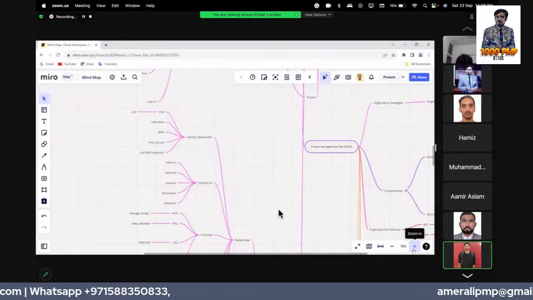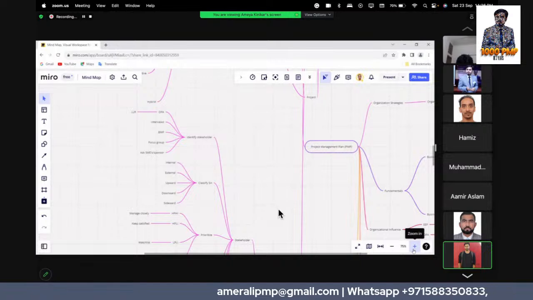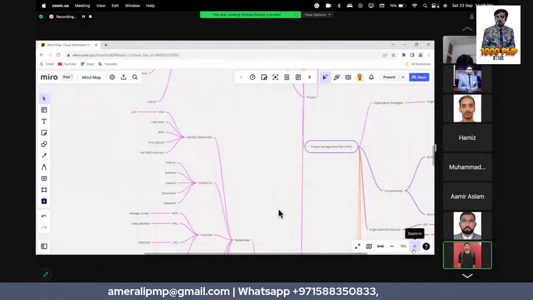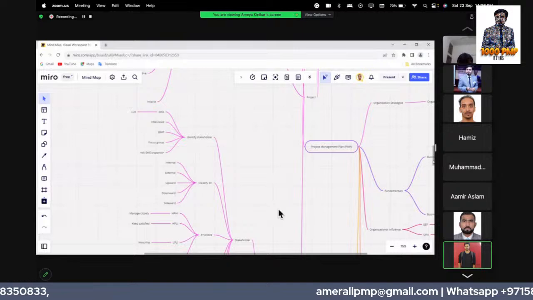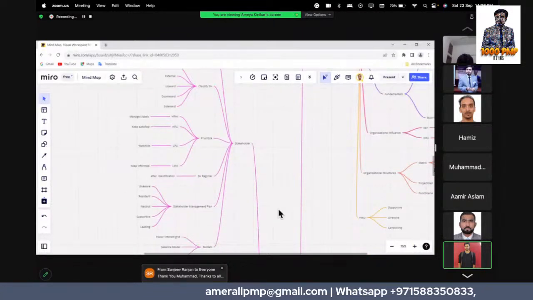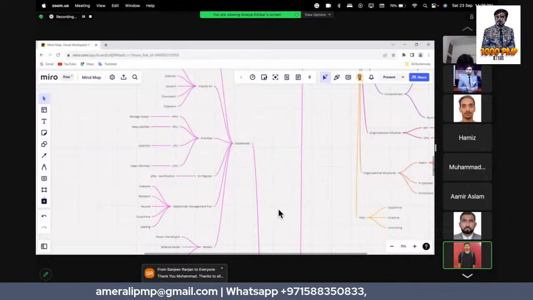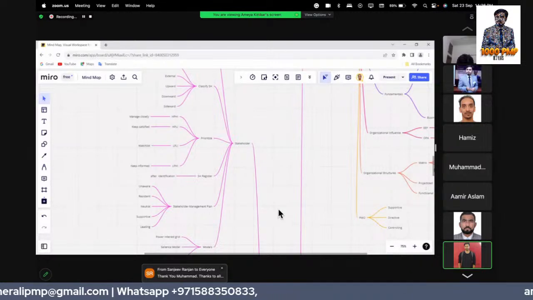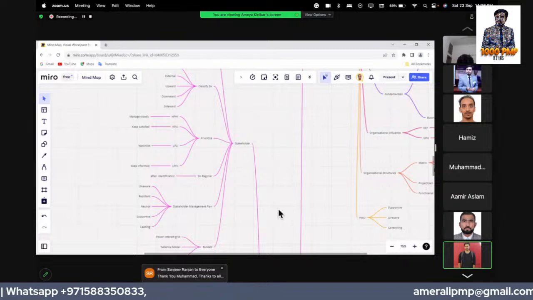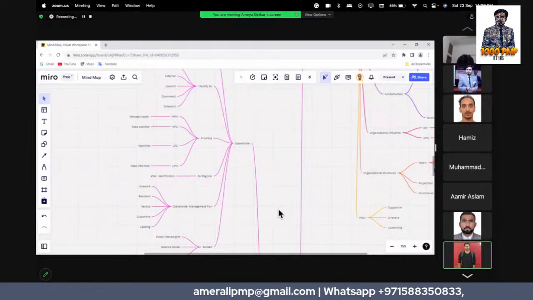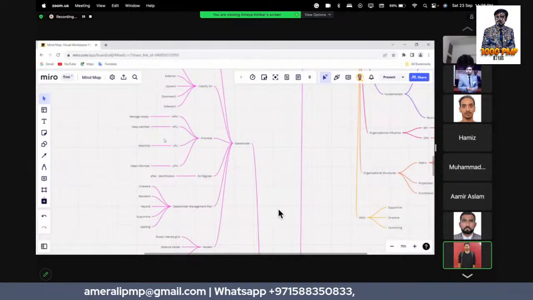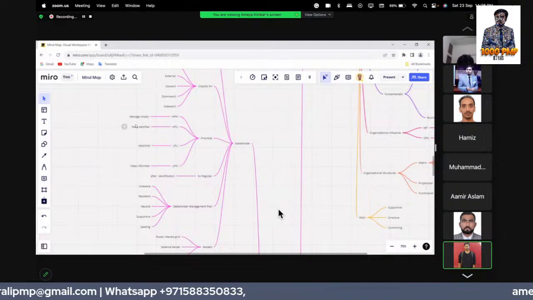After identifying stakeholders, we put them into a document called the stakeholder register. After that, we classify them as upward, downward, sideward, or as internal or external. After classifying them, we prioritize them based on power and interest. Anyone who has high power and high interest in the project, we monitor closely.